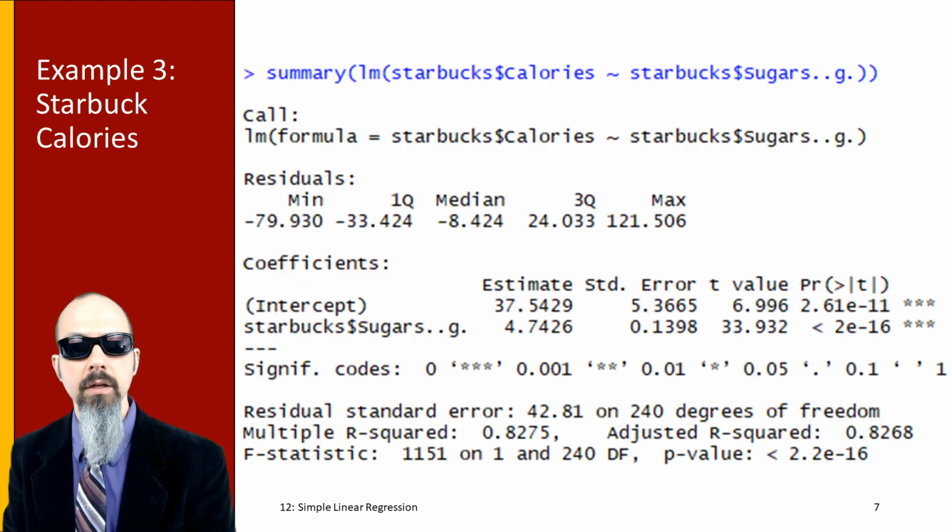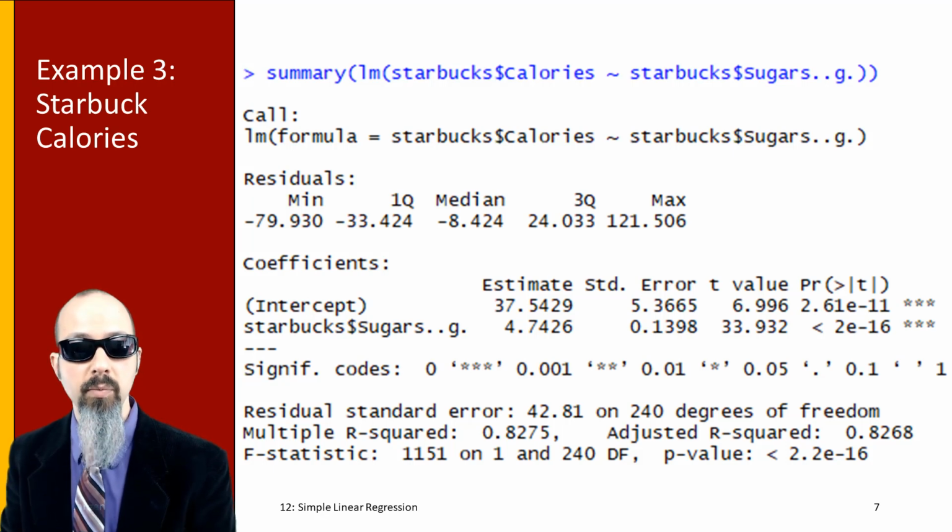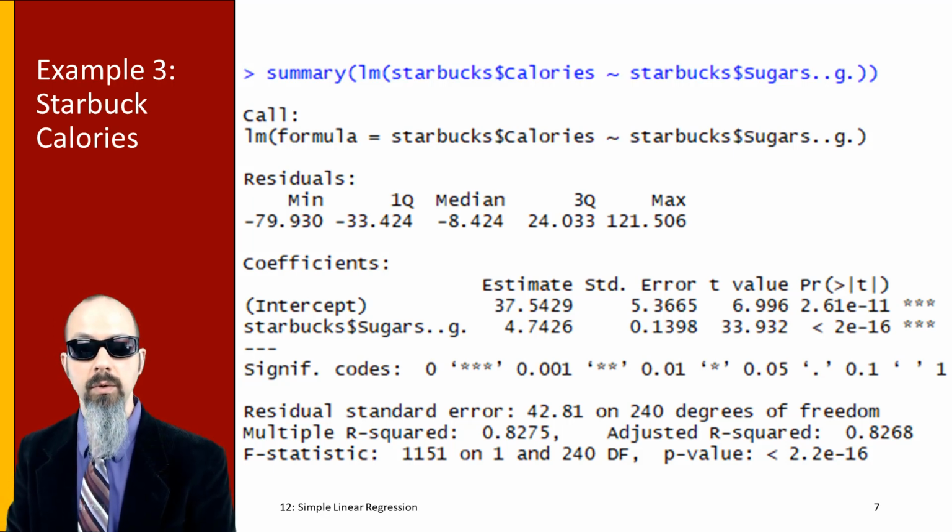Let's go ahead and look at the calorie outputs when we actually do the regressions. This is the same screenshot, by the way, that was in your previous video when we were breaking down and understanding the parts of the regression output, so if it looks familiar, that's why. When we do this regression, we're regressing calories on sugars, and it's again extremely statistically significant.